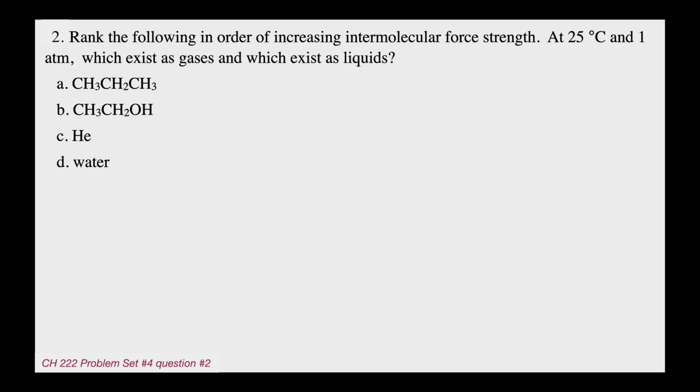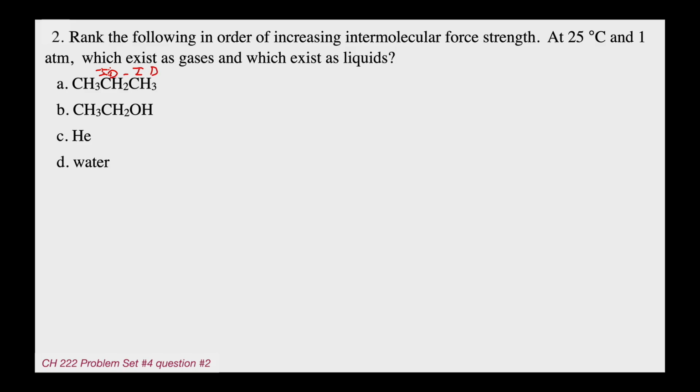The first one is propane, an alkane, and the alkanes are basically just a bunch of carbons in a row. Although not totally nonpolar, people usually consider the alkanes to be pretty nonpolar. So for A, I'd probably say that this is induced dipole. It's nonpolar.